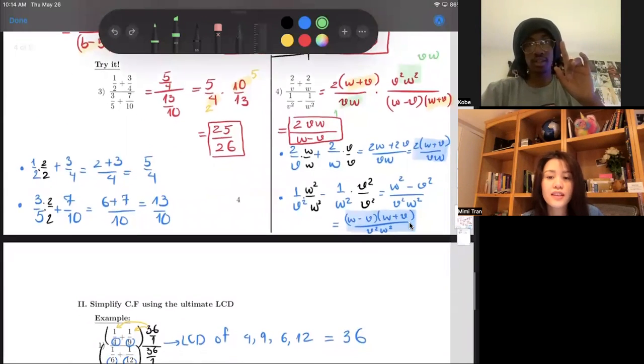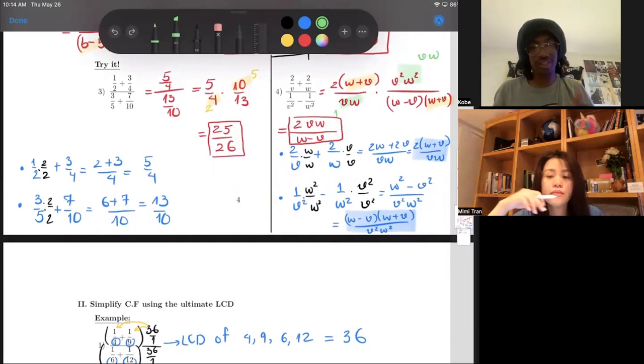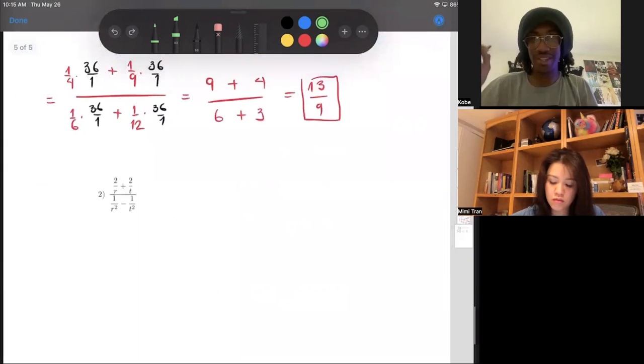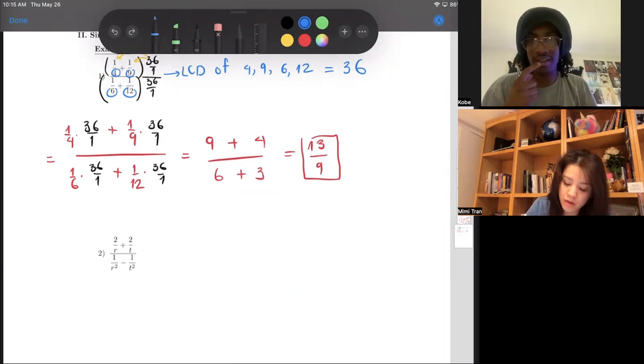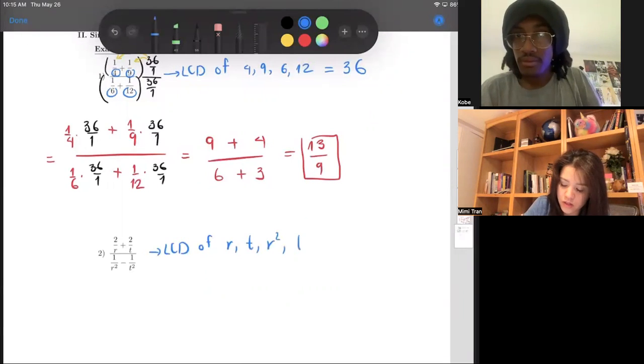Do you have a question? Yeah, I have a really quick question, just to make sure I'm on the right track. The least common denominator for this last problem would be RT, right? More than that. So you want the LCD of R, T, R squared and T squared.